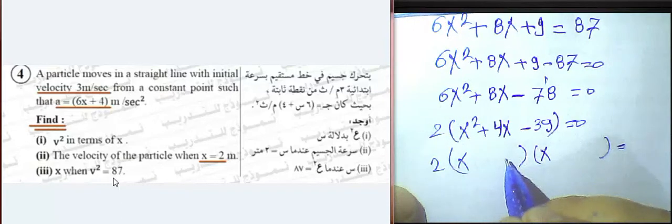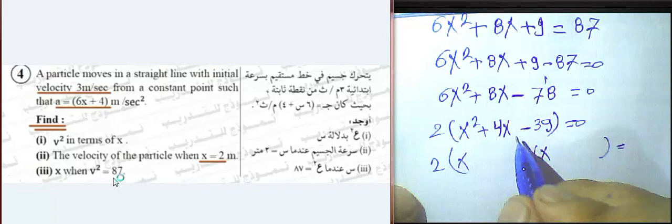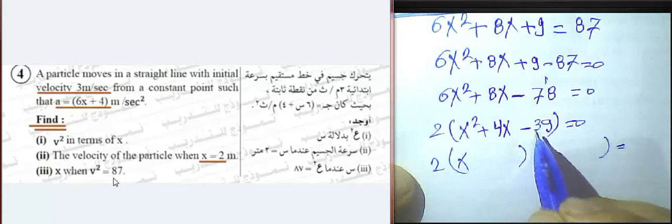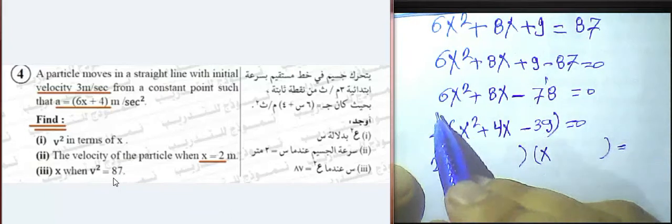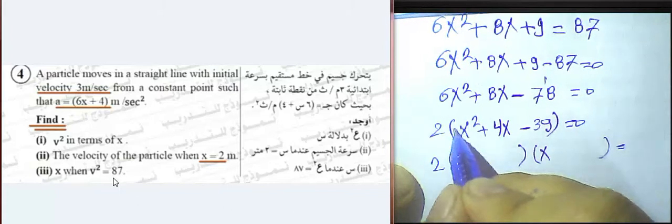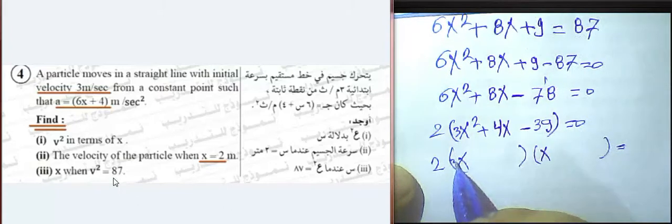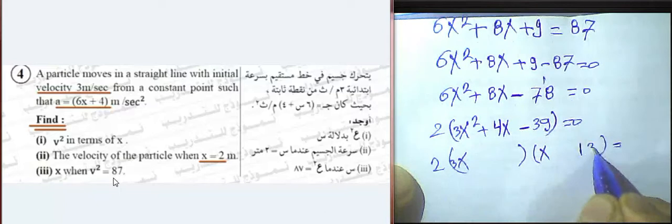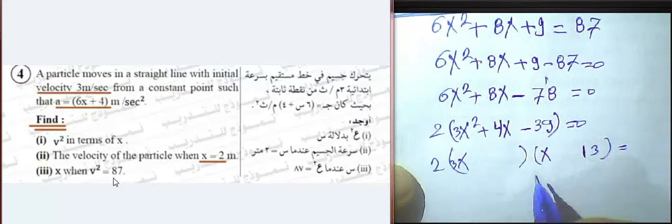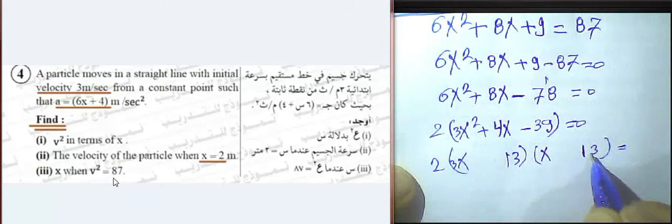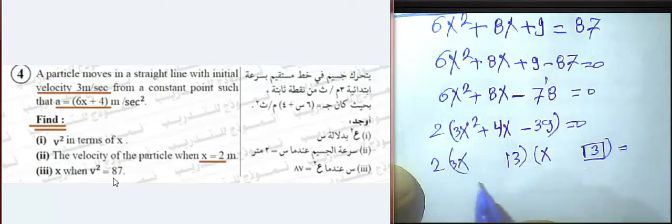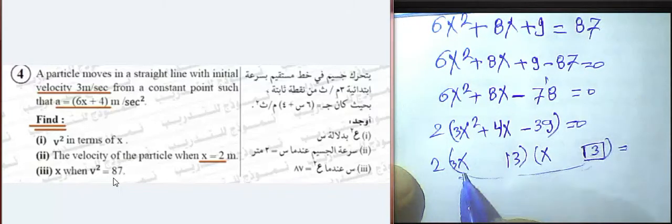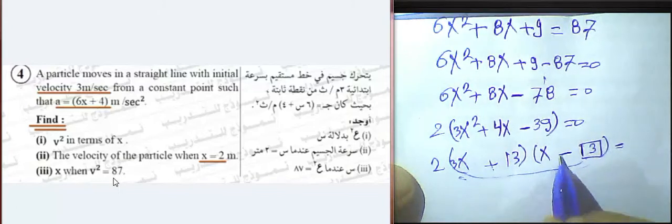We know 3 multiply 13 equals 39. So 13 minus 9 equals 4, and the sign will be what? Here will be positive and here it will be negative.